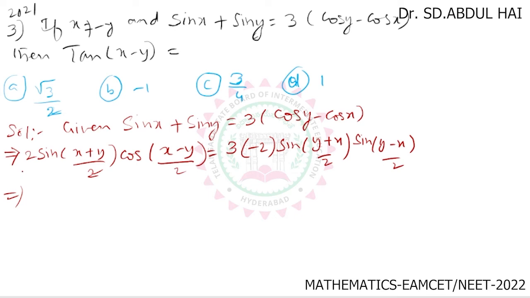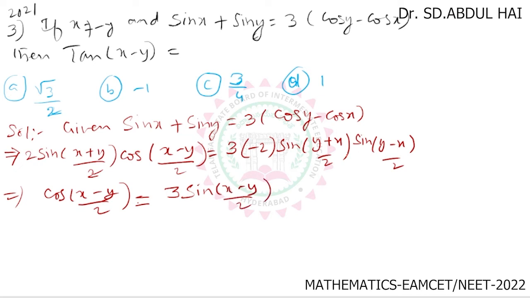You may observe that this 2 sin of x plus y by 2 cancels from both sides, and what remains on the left hand side is cos of x minus y by 2 is equal to, now if I take minus common from this, it becomes sin of minus of x minus y, that is sin minus theta is equal to minus sin theta. So this minus becomes plus, and it is nothing but 3 sin of x minus y by 2.